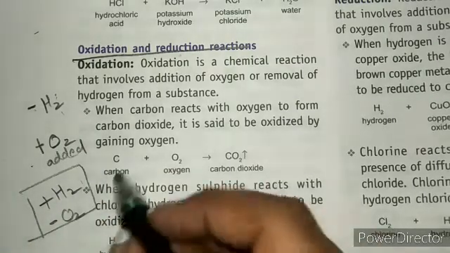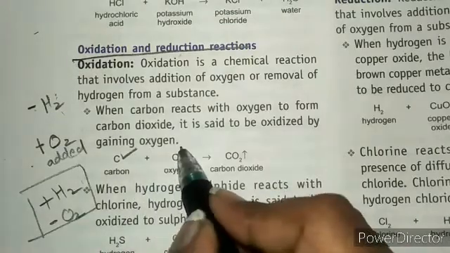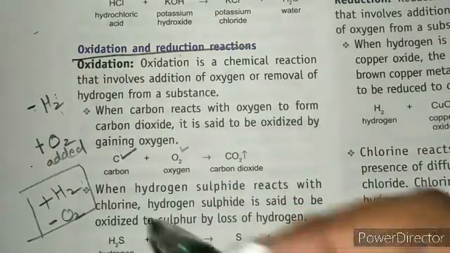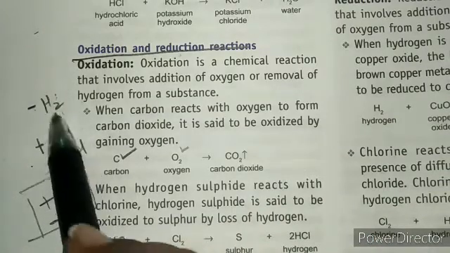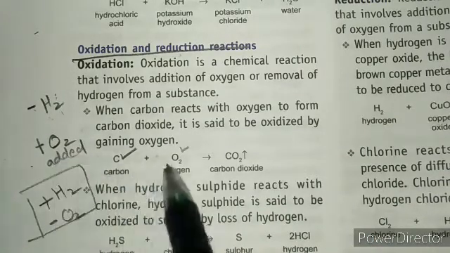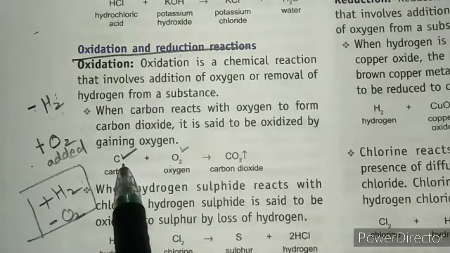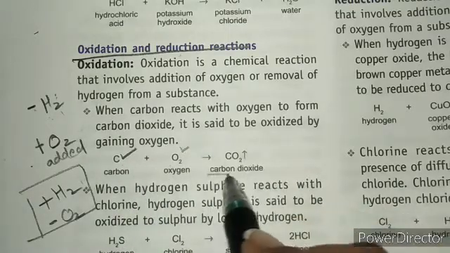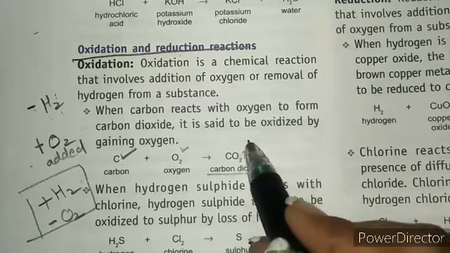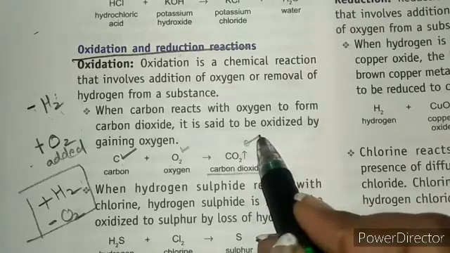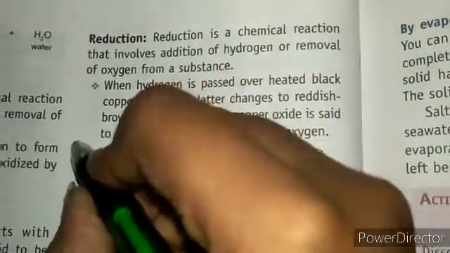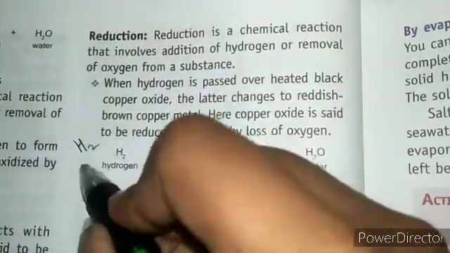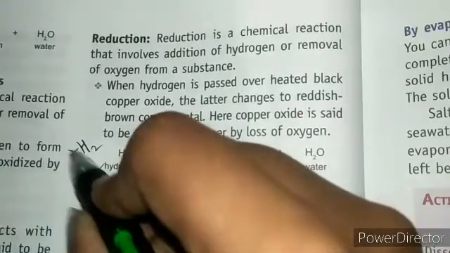So let's see. The first one we have is carbon plus oxygen. So what would happen here? Oxygen is added, and it gives carbon dioxide. And here reduction is there. That means hydrogen will be added and oxygen will be removed.